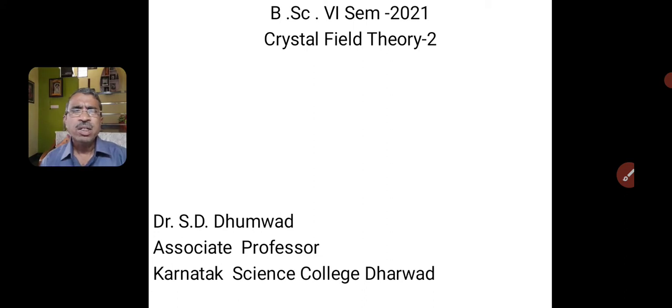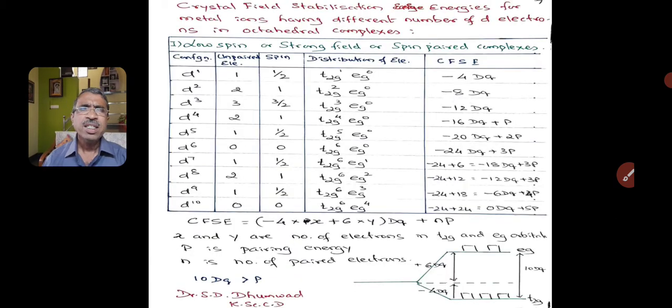It is also called crystal field stabilization energy. We have studied crystal field stabilization energy and its calculations, and also the pairing energy. We also discussed crystal field splitting in octahedral complexes, which are of two types, high spin and low spin complexes. In the last class, we studied the calculation of CFSE for low spin complexes.